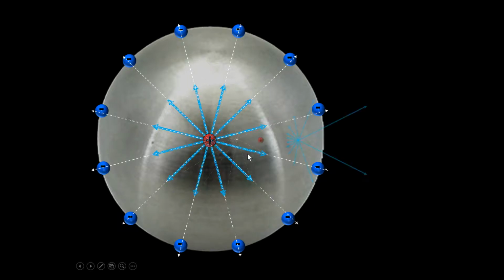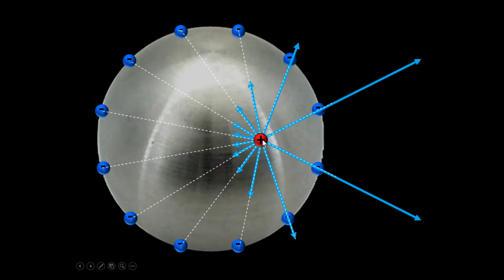So that's what we're going to do. We're going to move that charge a little further off to the right. Now that charge is closer to this electron, so there's a lot more force. And that positive is closer to here, so again, there's a lot more force. That charge is further away from over here, so there's a lot less force.